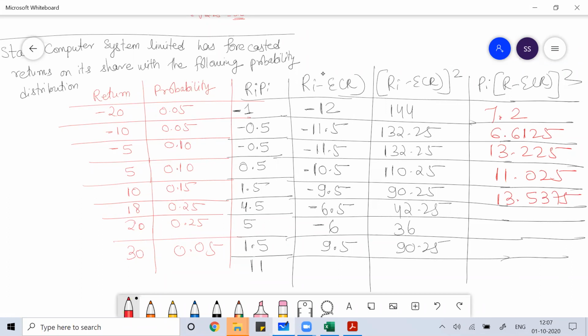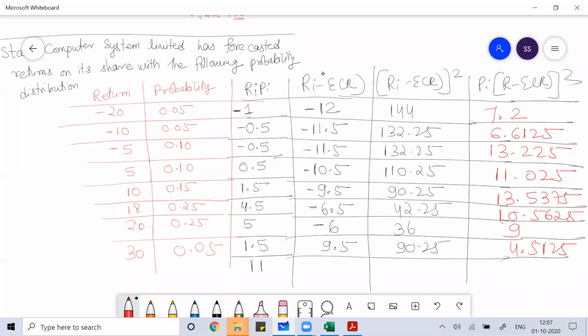Then 42.25 into 0.25, that means 10.5625. Then 36 into 0.25 means 9. Then 90.25 into 0.05, so 4.5125.